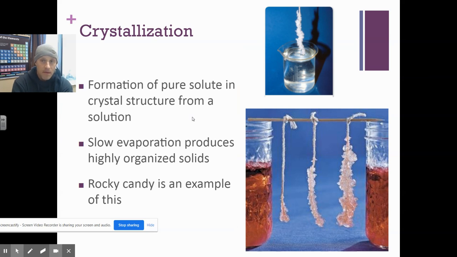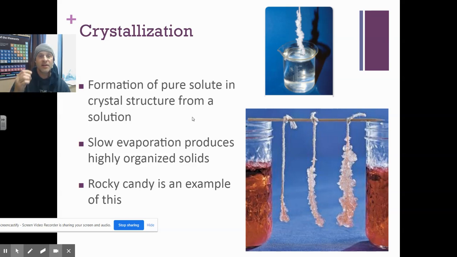Crystallization. This is taking a homogeneous solution, excuse me, a little biology at you, and creating a crystal. If you've ever had rock candy, when I was a kid, they had rock candy you buy on a stick, and it was like crystals on there.